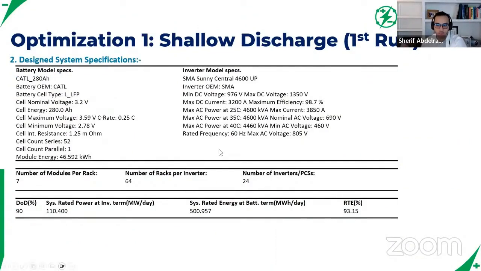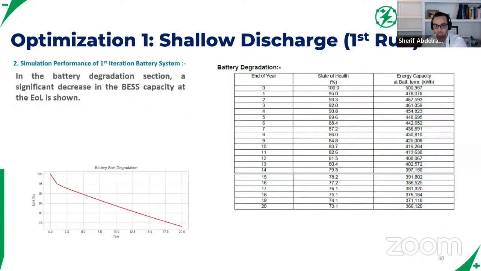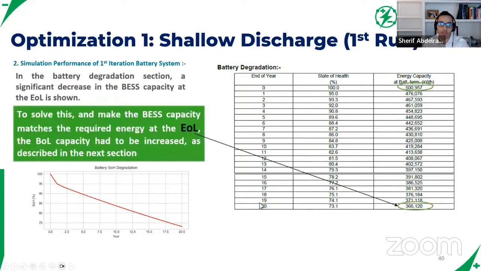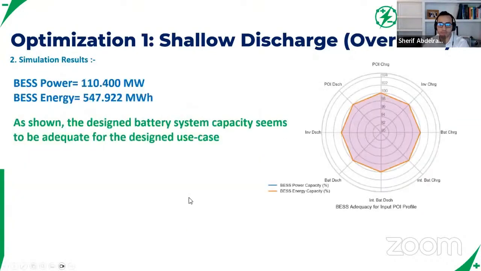We're not going to go through the exact same steps as on the first run, but the design that was put together achieved the requirements of the use case. We found that it similarly degraded down to less than the needed capacity, which we set as 400 megawatt hours at the point of interconnect. So now we're going back and adding additional racks to maintain that 400 megawatt hours for 20 years.